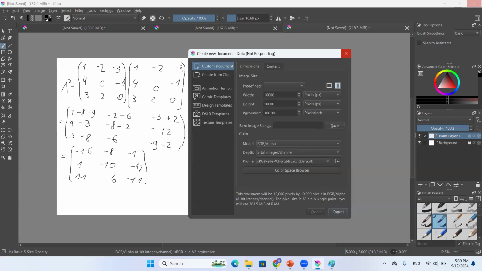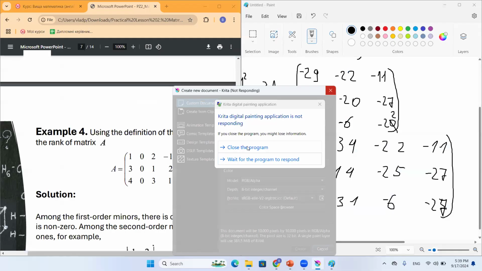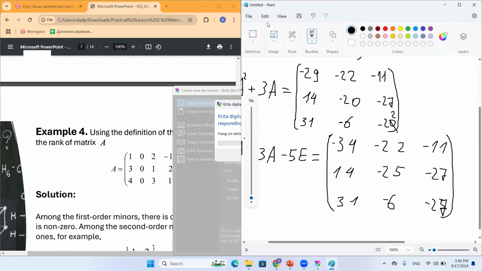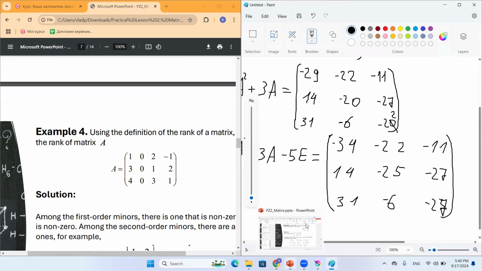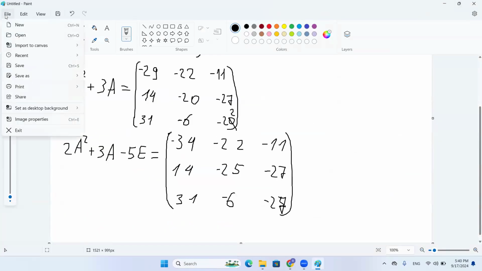Save our time. So let's close it. Actually, we have to use the memory accurately. So it was a bad example of using all your programs.